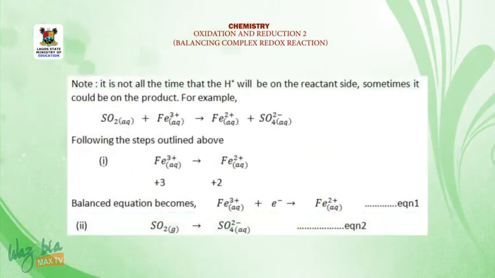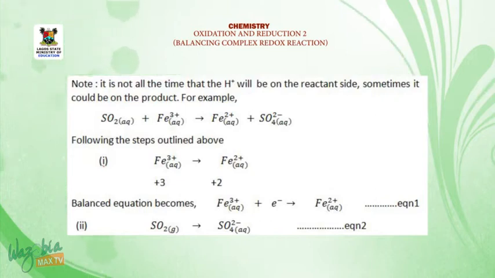Note, it is not all the time that the hydrogen ion will be on the reactant side. Sometimes it could be on the product side. For example, if you are to balance SO2 + Fe3+ to give Fe2+ + SO4 2-. Following the steps outlined above, we have Fe3+ to Fe2+.